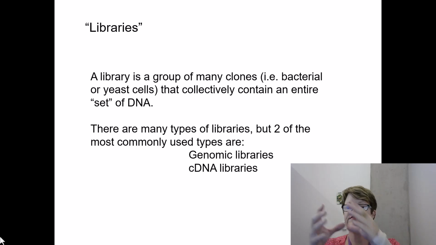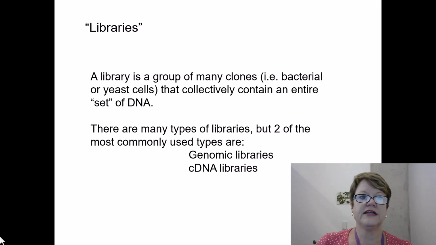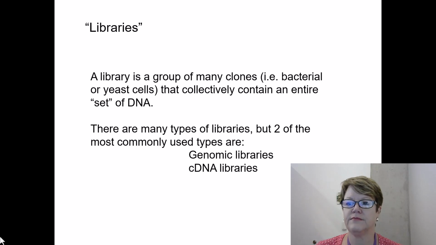Each clone separately, one at a time, is put through sequencing. When you have completed sequencing all of the DNA from all of the clones in your library, then you have sequenced the entire genome. That's how genome projects are still done.